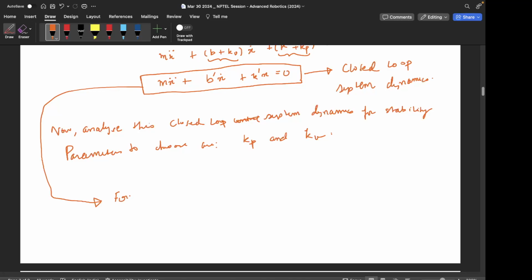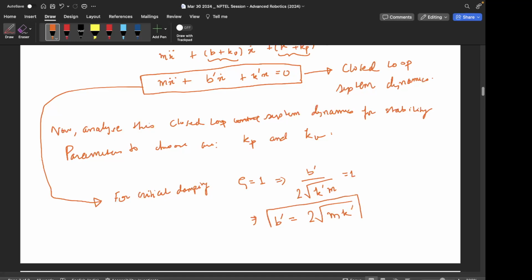So for critical damping, and why do we choose critical damping? Because that gives the fastest non-oscillatory response for the system. For critical damping, we know that Xi should be equal to 1, which means b dash by 2 under root k dash m should be equal to 1, which implies that b dash should be equal to 2 under root m k dash, right?